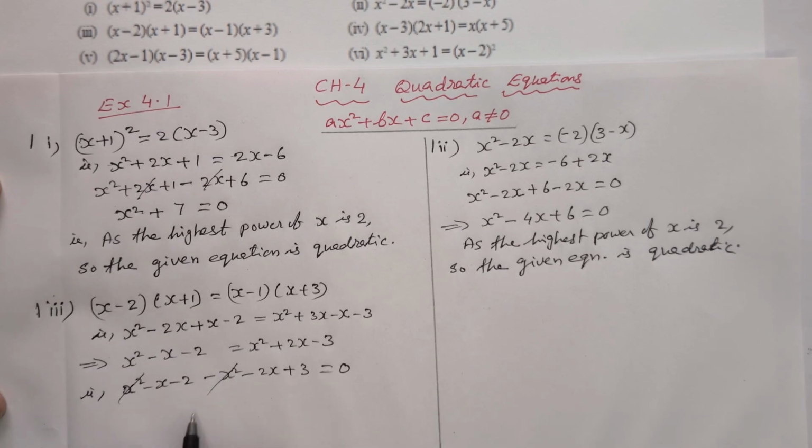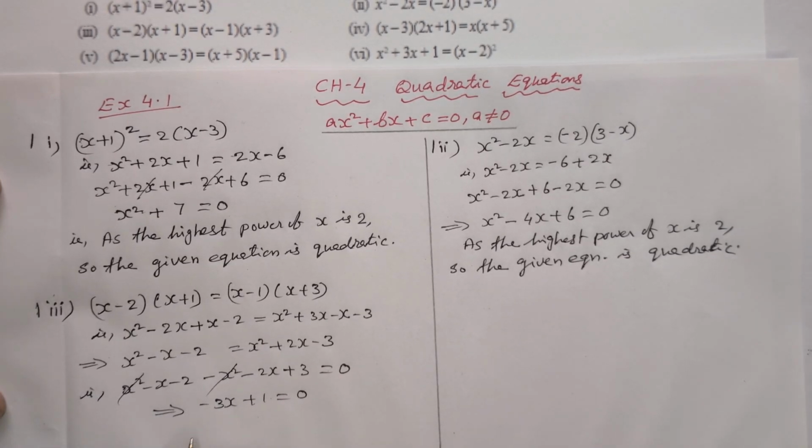X square and minus x square we can cancel. Then minus 3x plus 1 is equal to 0. Multiply with minus 1. We will get 3x minus 1 is equal to 0.